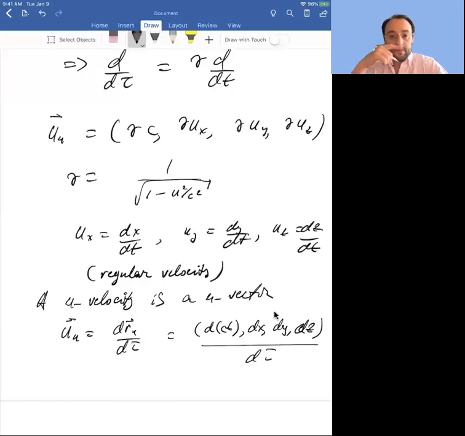Okay, and d tau is a scalar. D tau is an invariant. It remains invariant from frame to frame. So only the numerator changes from frame to frame.